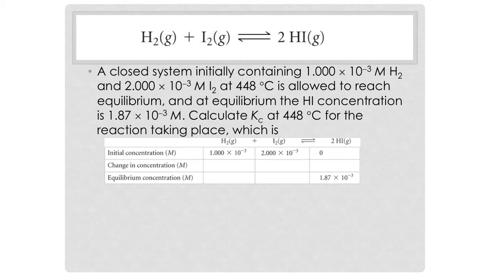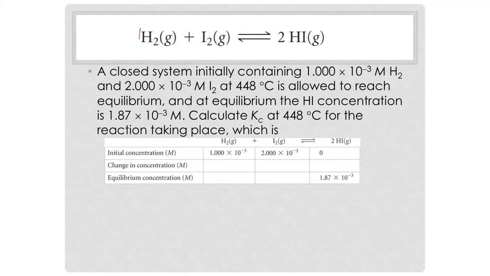All right, so we're going to take a look at this example. We have H2 plus I2 makes 2HI. And they tell us that initially the hydrogen concentration is 1 times 10 to the negative third, and the iodine is 2 times 10 to the negative third.